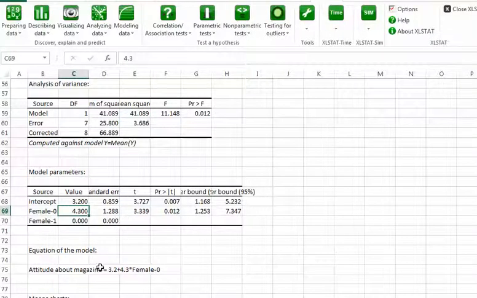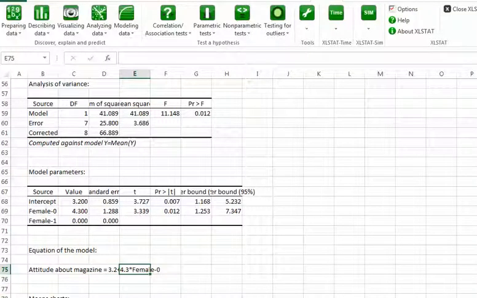So again, we could calculate this by showing, here's our constant 3.2, that's the intercept, and then 4.3 times whether the case is female equals 0. If that's a 1, that someone's a male. So the prediction for a male would actually be 7.5.